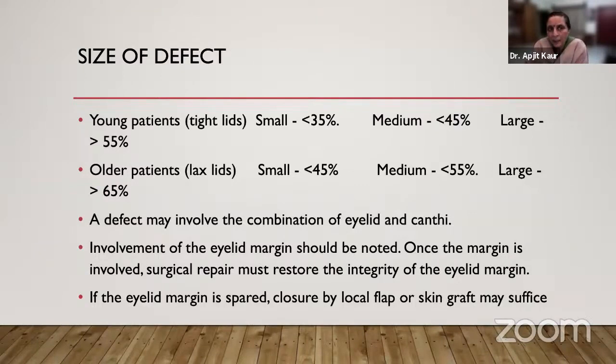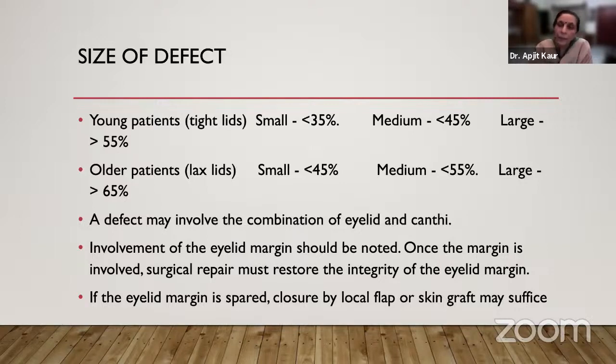So let's look at the defects. In a young individual where the lids are tight, around 30% of a lid gap is called a small defect, 45% a medium, and more than 55% of loss is treated as a large defect. Whereas in an older person where the skin is lax and it can be stretched, you can afford to have a larger defect in a smaller category.